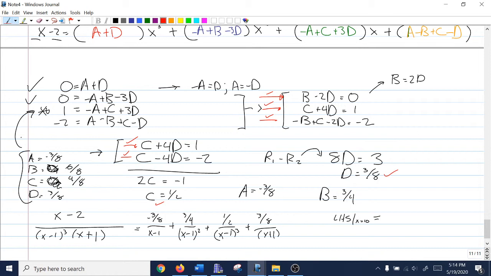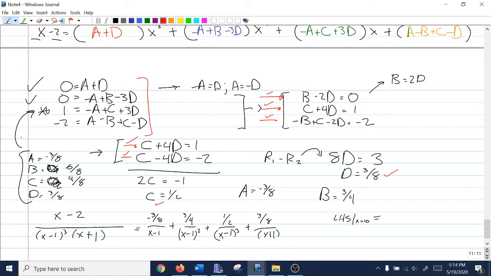I can't see a mistake here. I went the whole way through it and didn't find a mistake. A is negative 3/8, B is 6/8, C is 4/8, D is 3/8, but row 1 is not true?